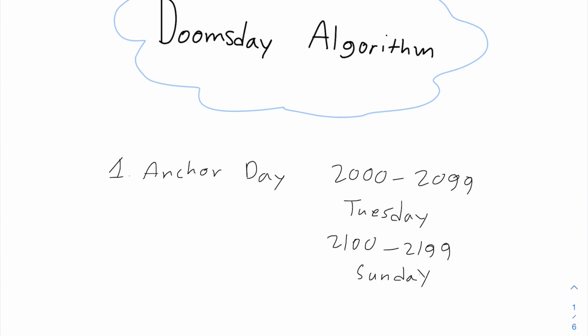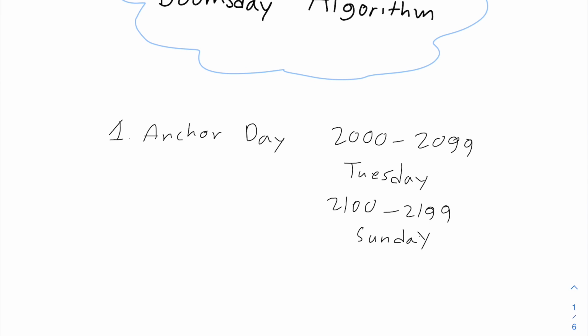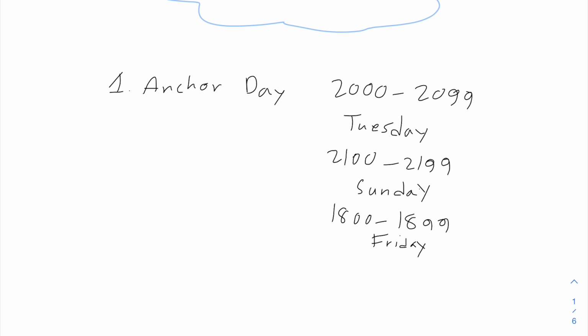Now, these anchor days repeat every 400 years because the Gregorian calendar repeats every 400 years. So in this case, we'd have the 1800s, 1800 to 1899, as Friday, and the century from which most people are alive, the 1900s, from 1900 to 1999, its anchor day is a Wednesday.